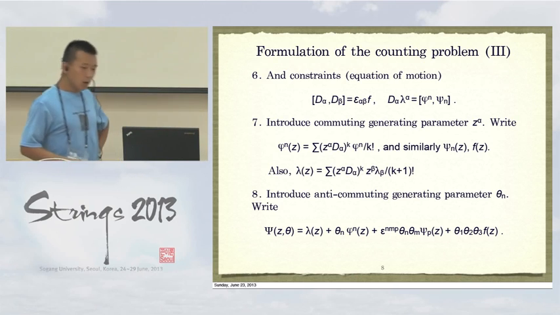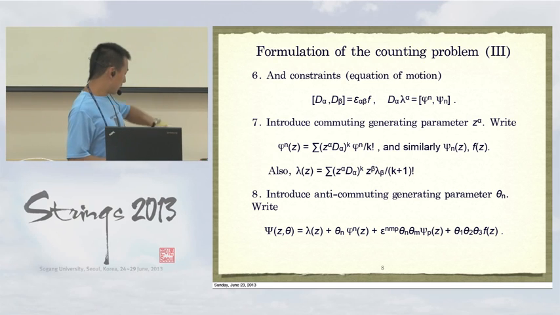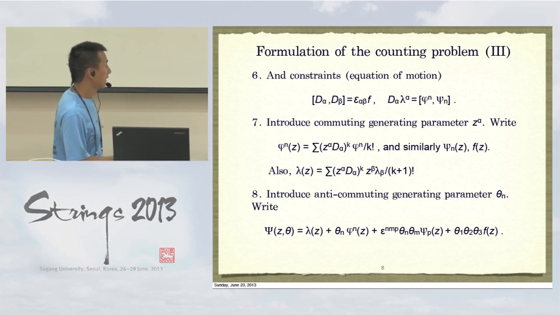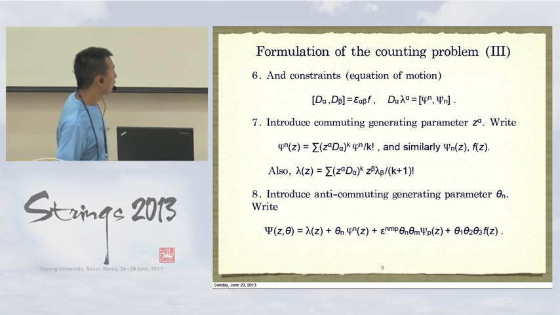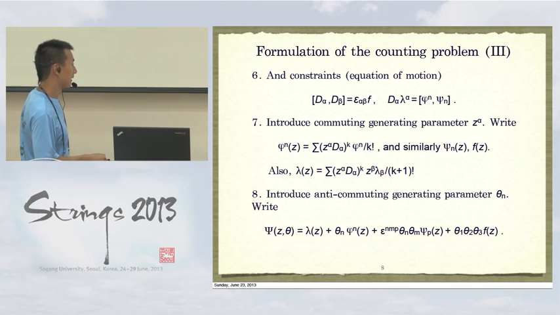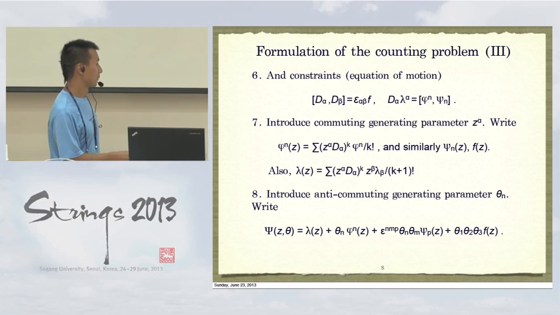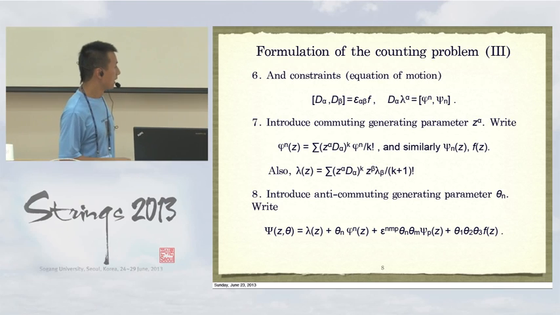Now I'm going to go one step further and introduce an anti-commuting generating parameter, which we call theta n, where n runs from 1 to 3 as before, and form this kind of superfield-like object, capital psi of z, theta. Let me remind you that there's z alpha. There are 2 z's, which I call z plus and z minus. And then there are 3 thetas, which are fermionic, odd parameters.